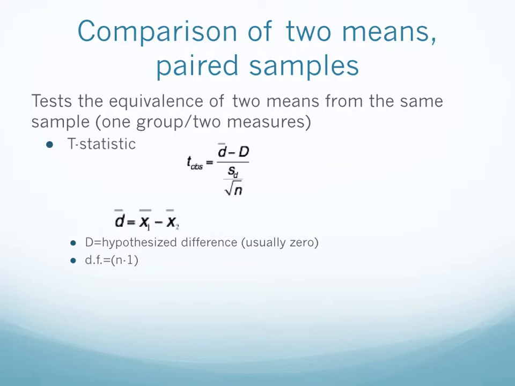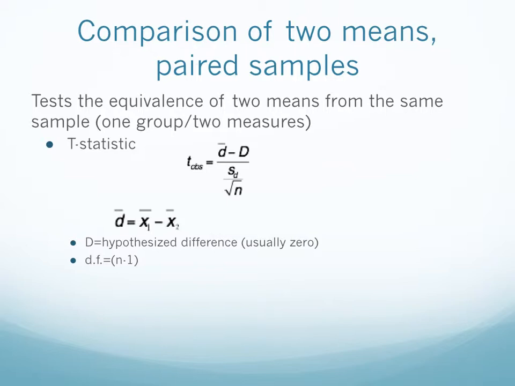And the value of this t-test is that we have the same people being scored both times, and we can take advantage of the fact by pairing those people up.